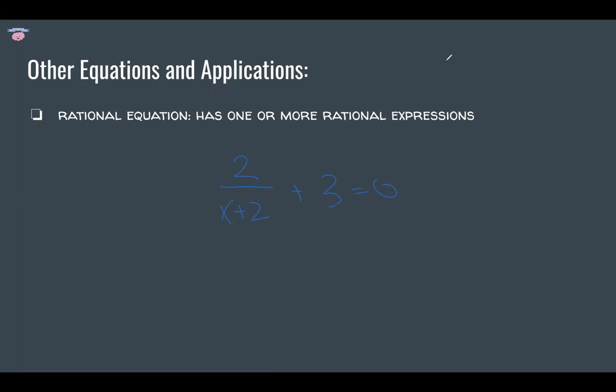That's a rational equation. And values that make any denominator 0 are excluded. So it's important to note that if we write this equation, we have to specify x is not equal to -2. Because if x was equal to -2, then this denominator would be 0 and it wouldn't exist.